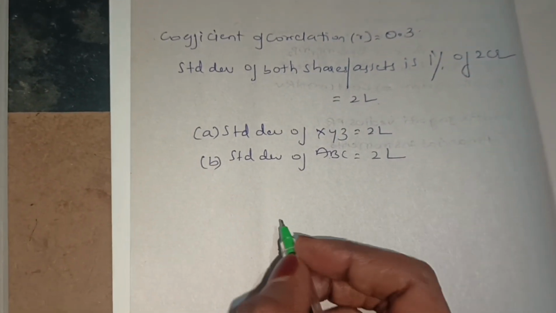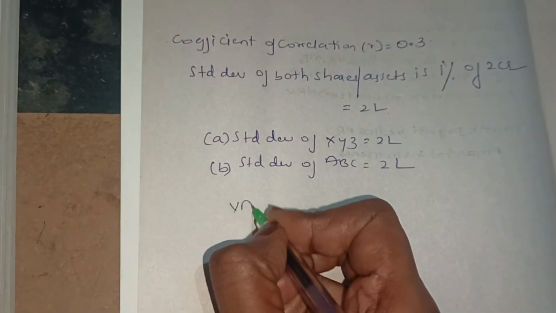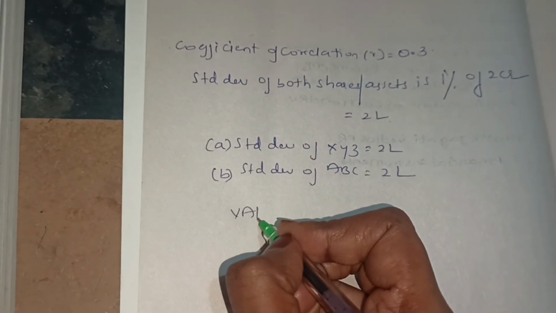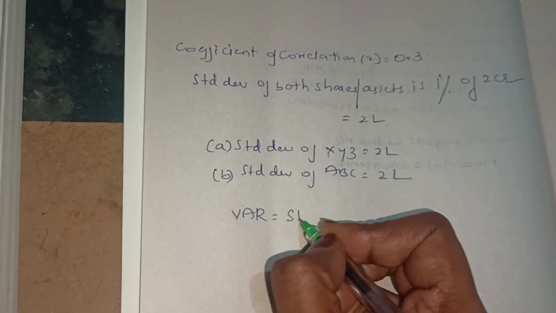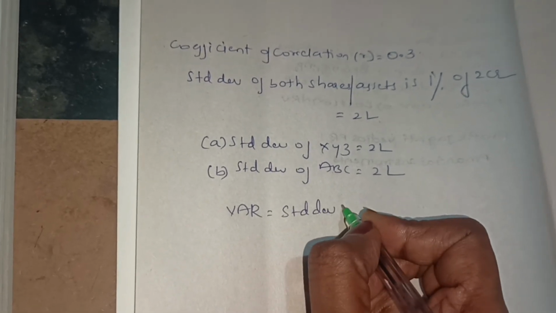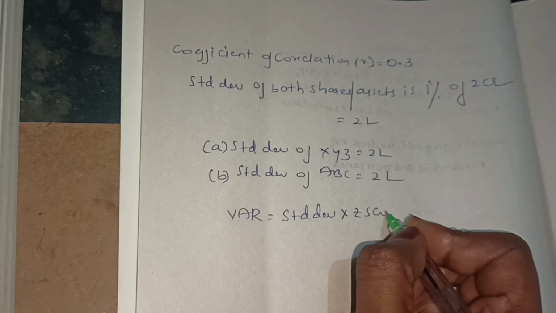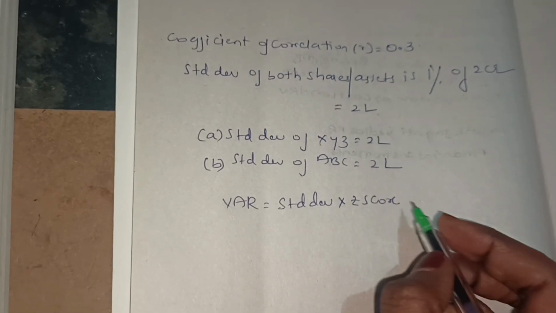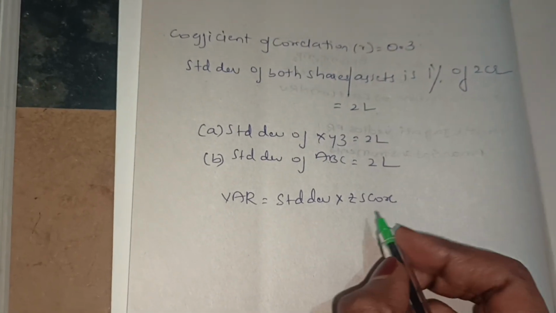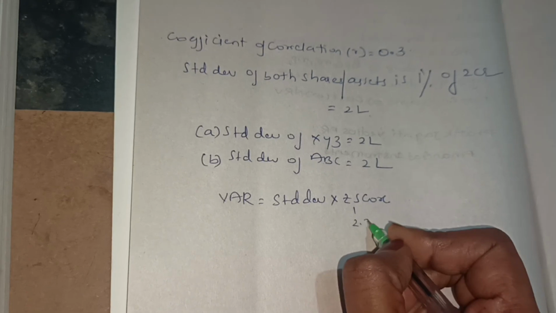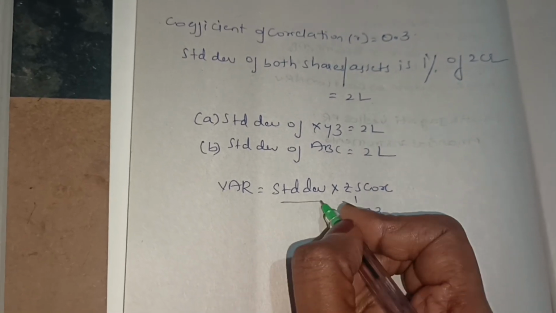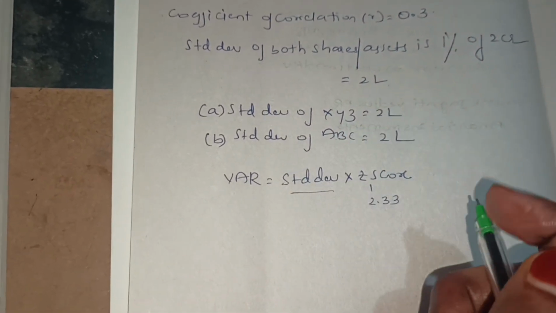Now coming back to the formula, here we are expected to find value at risk. The formula is standard deviation into Z score. We already know the Z score at 99% confidence is 2.33.